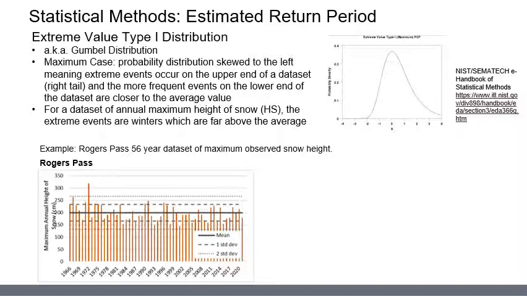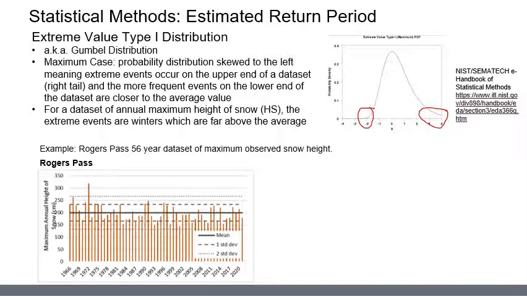This is the probability density function shown on the right here, and we can see on the minimum side it goes to 0. That means we're not expecting extreme events on the low side, but on the high side we see this tail extend out. So basically what this means is for maximum height of snow, our extreme events are when we have a very deep snowpack.